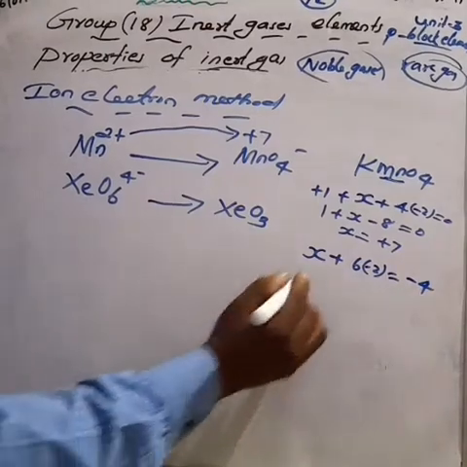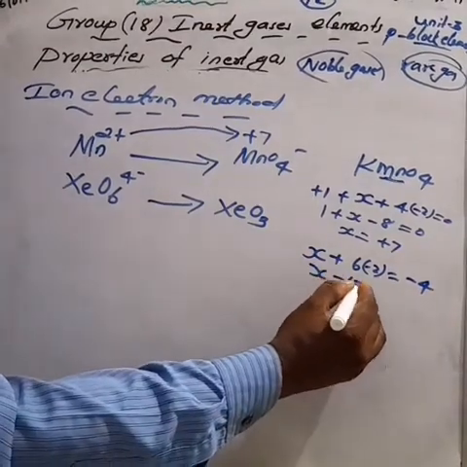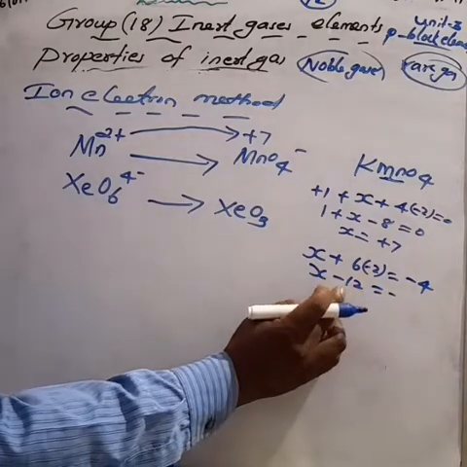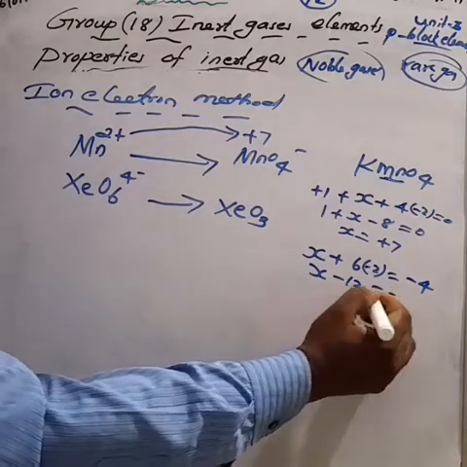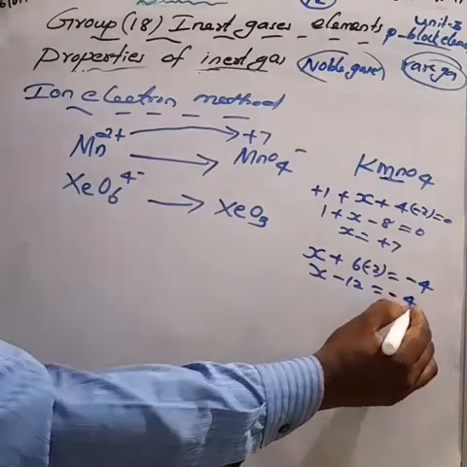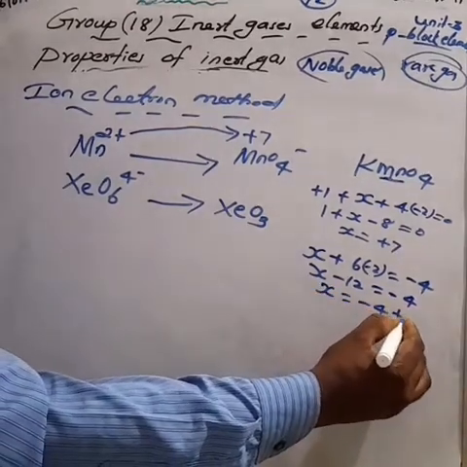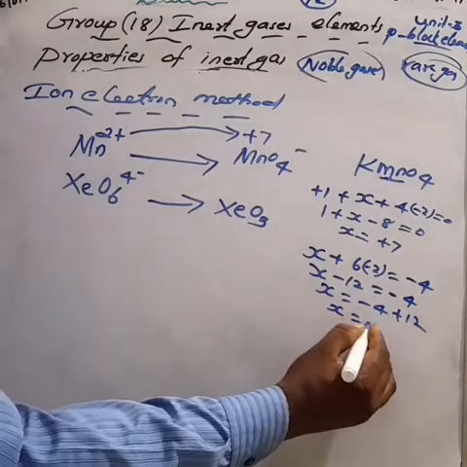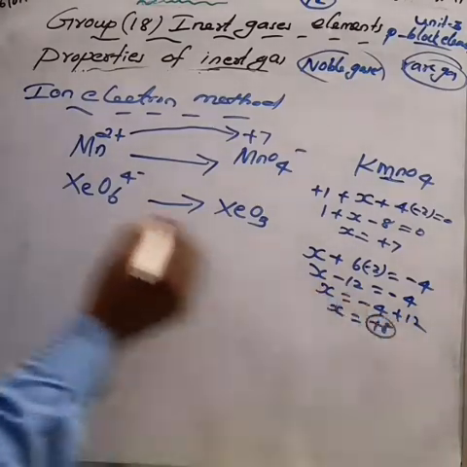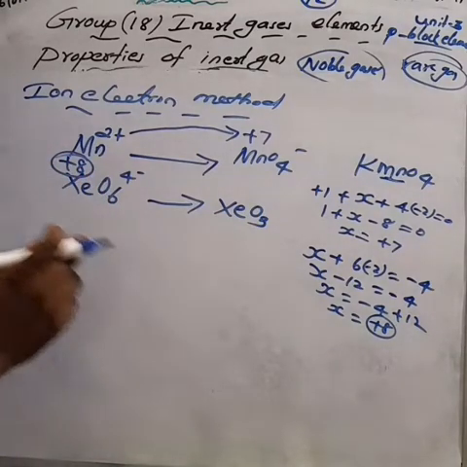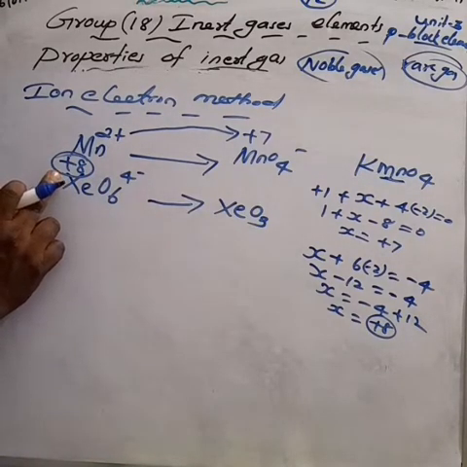X minus 12 is equal to minus 4. X is equal to minus 4 plus 12, so X is plus 8. So in XeO6 4- the oxidation state is plus 8.